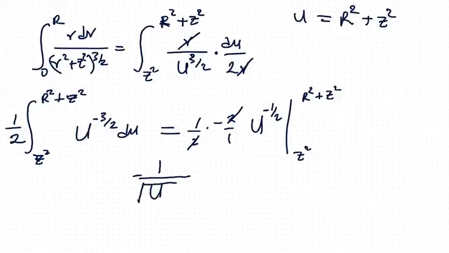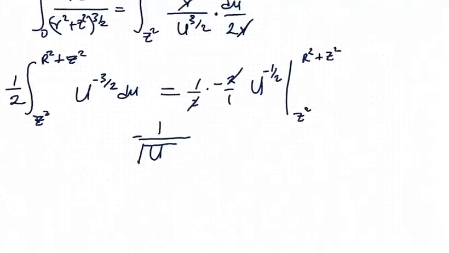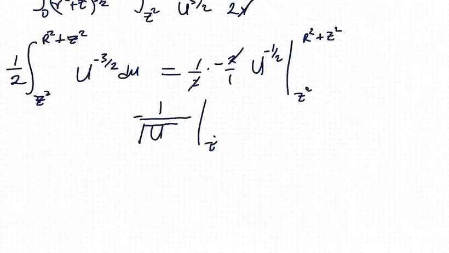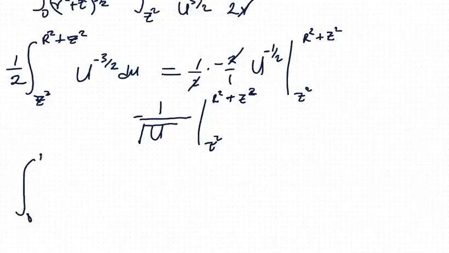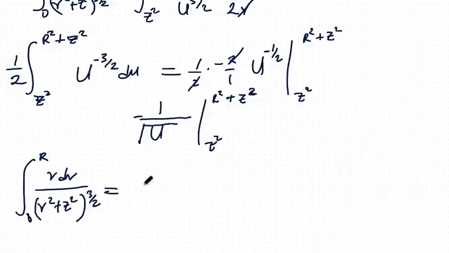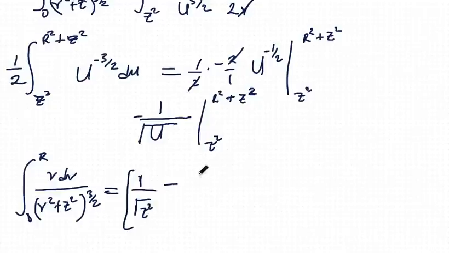If we substitute the limits of integration, z squared and R squared plus z squared, the integral from 0 to r of r dr over r squared plus z squared to the power 3 over 2 is equal to 1 divided by the square root of z squared minus 1 divided by the square root of R squared plus z squared.